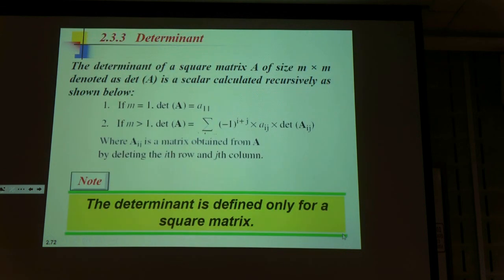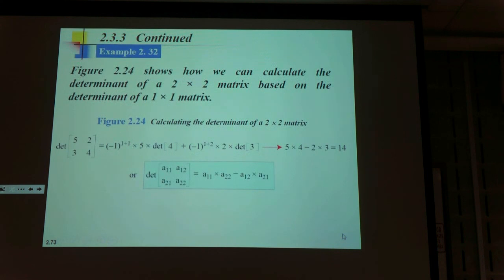You have to know how to calculate the determinant of a square matrix. The determinant is only calculated for a square matrix. Take a look at that. That's how you calculate it: multiply this by this minus this times this, so A11 times A22 minus A12 times A21.